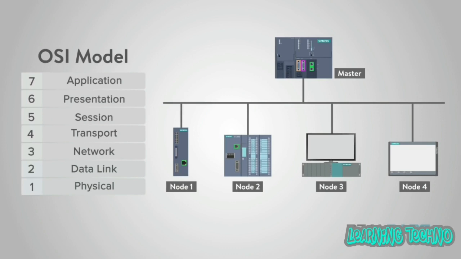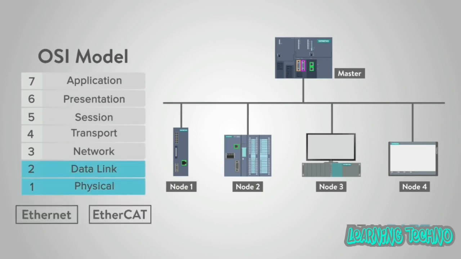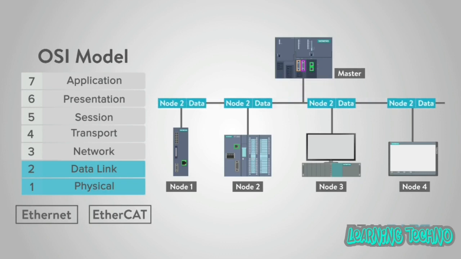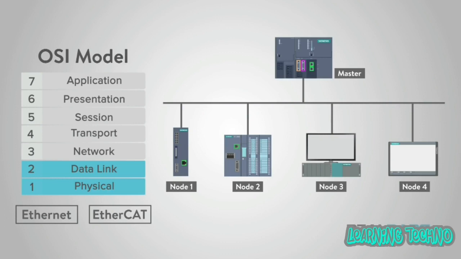EtherCAT, in contrast, uses the same physical and data link layers as Ethernet, but the protocols deviate from there. Ethernet, as stated previously, is able to route data through many different nodes in a master-slave configuration, sending and receiving based on requests.